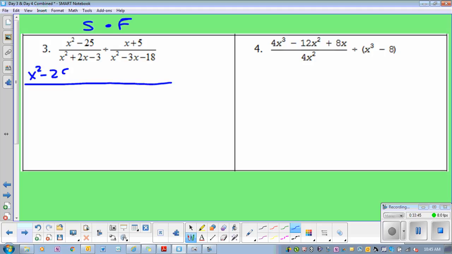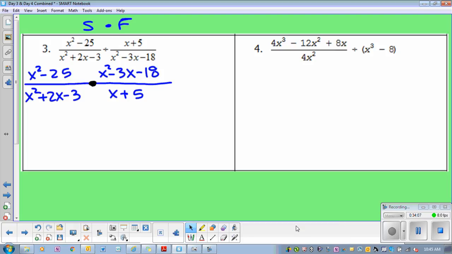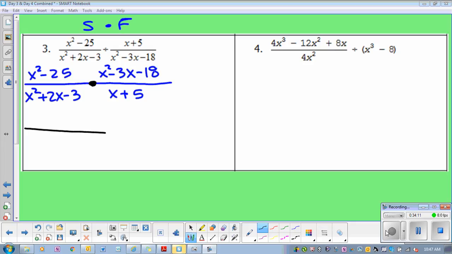First one stays the same. My divide changes to a times. I flip the second one. And then let's factor. So I want you guys to factor this one, please. I'll give you a head start. All right, so when you factor, this is what you should have.